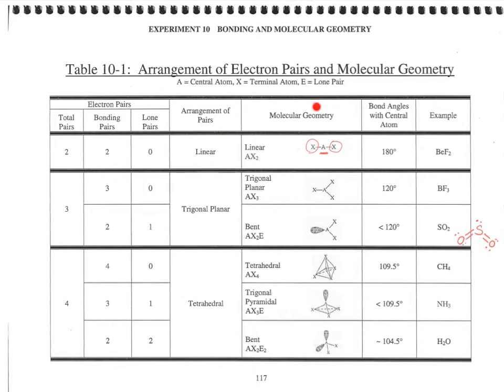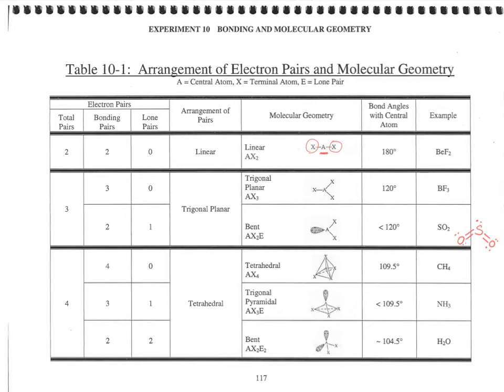Arrangement of pairs and molecular geometry are different. So all of these 3 scenarios are tetrahedral for arrangement of pairs, but they have different molecular geometries. First, AX4, no lone pairs, is tetrahedral, like methane, and the bond angle is 109.5 degrees.